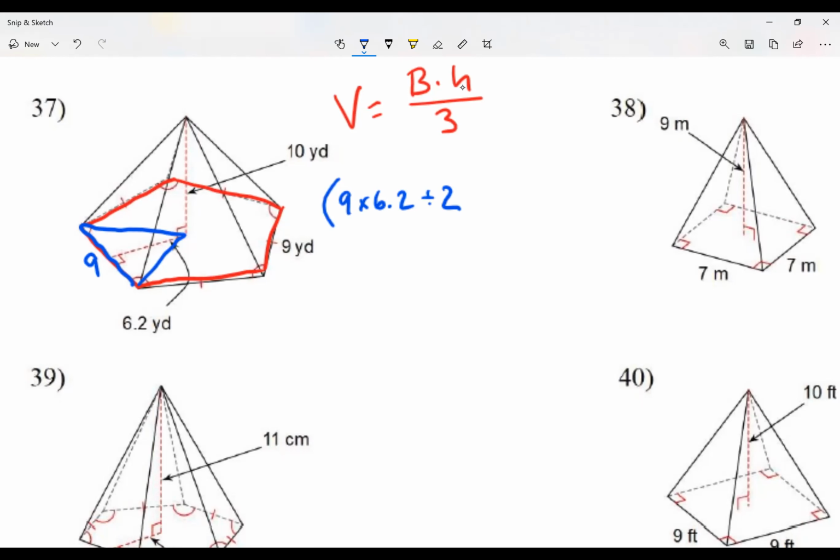Whatever I get, I'm going to multiply this by 5 because it has 5 sides. So 9 times 6.2 divided by 2 times 5 is the area of the entire base. That's just the base. The height is 10. And whatever I get, I'm going to divide this by 3. Area of the base times height divided by 3.